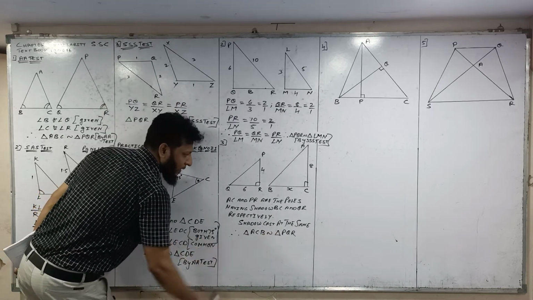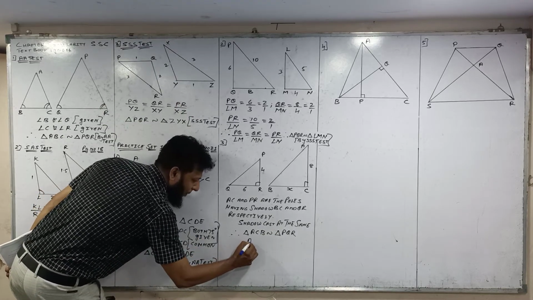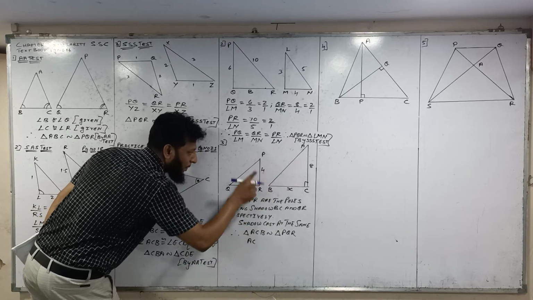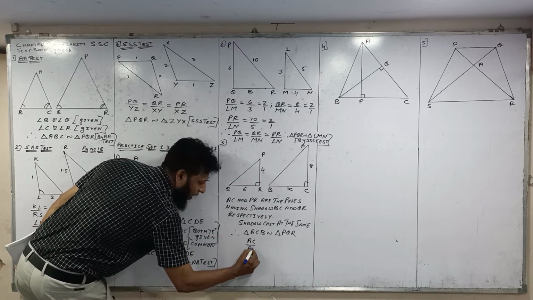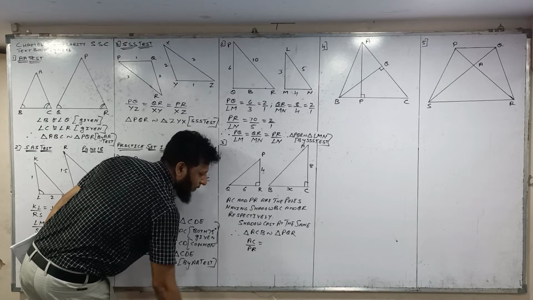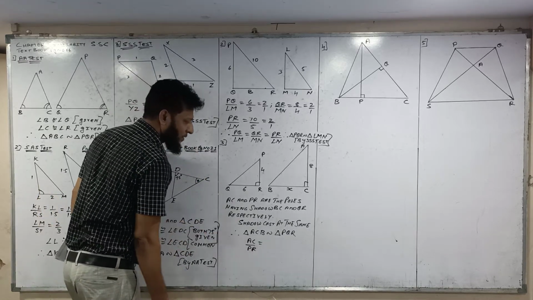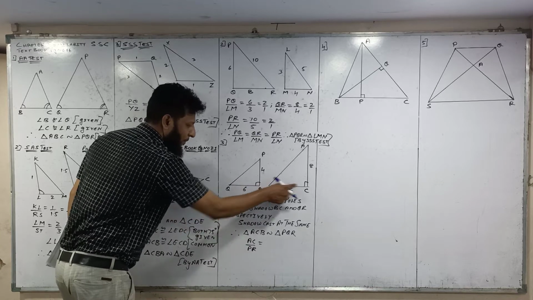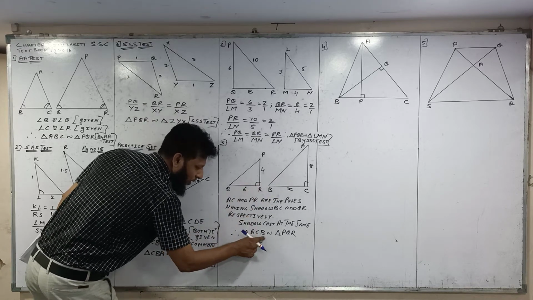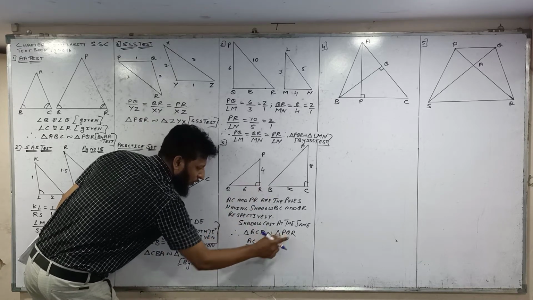Now, if these triangles are similar, then AC is proportional to PR. All three sides are proportional, but take the one you want to find and the one whose value is given. So BC is proportional to QR.